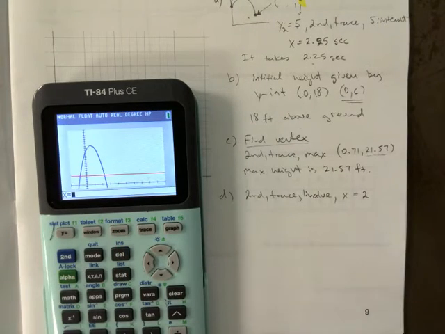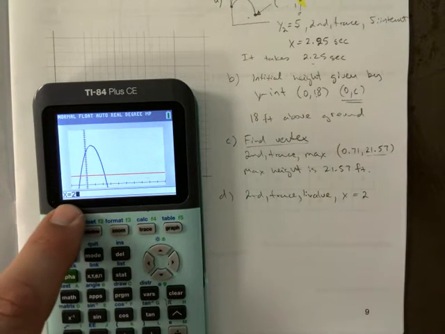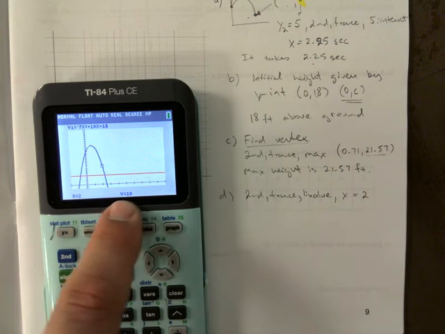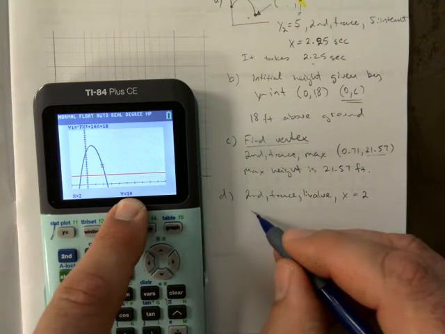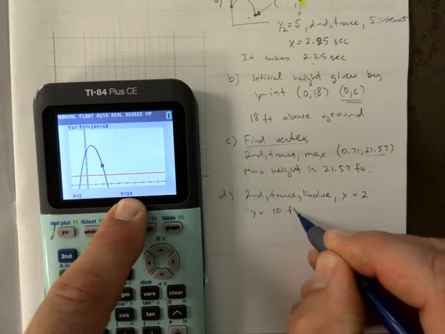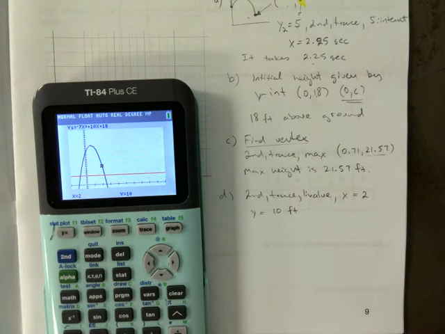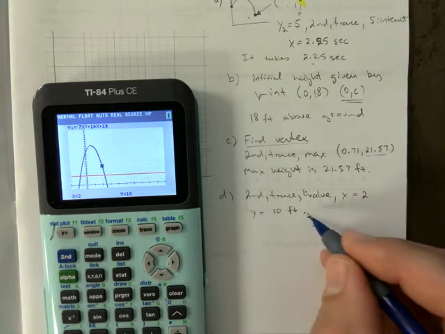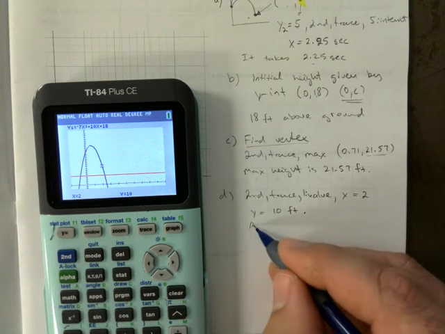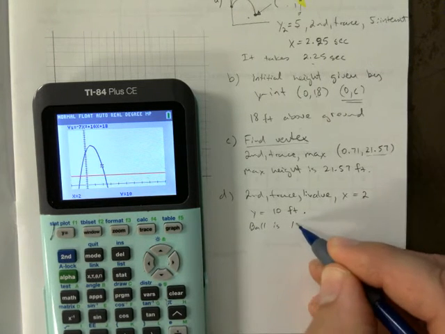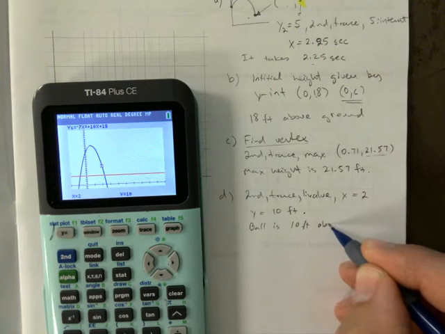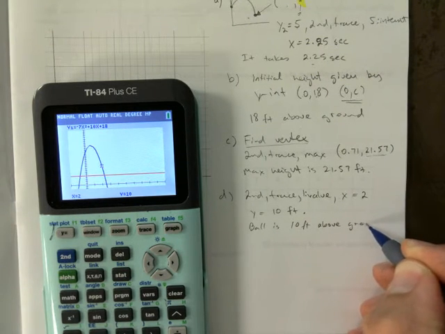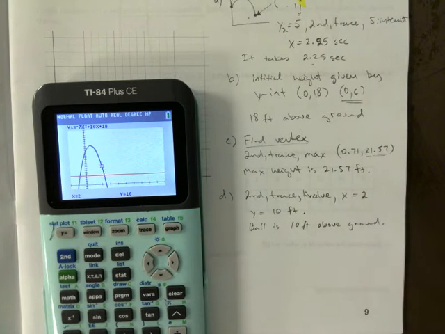Second trace value. The time of 2 seconds is what we're interested in. And it tells us that y is equal to 10 feet. That's a round number, right? No big deal. So the ball is 10 feet above ground, or you can say it is at a height of 10 feet. I'm fine with that.